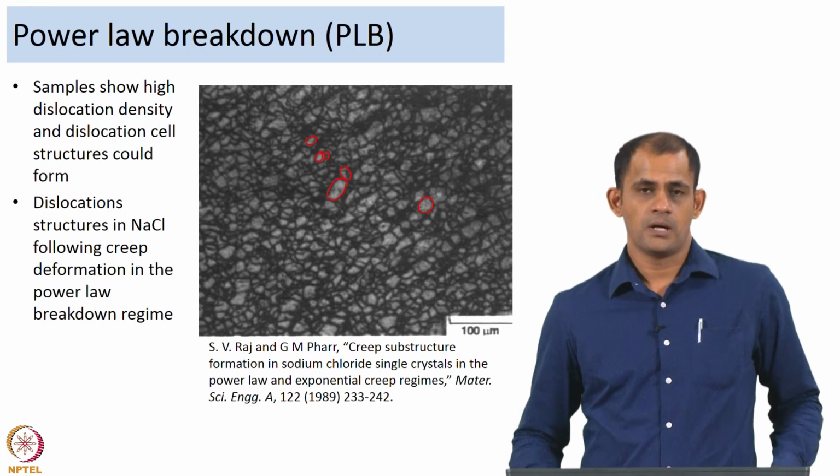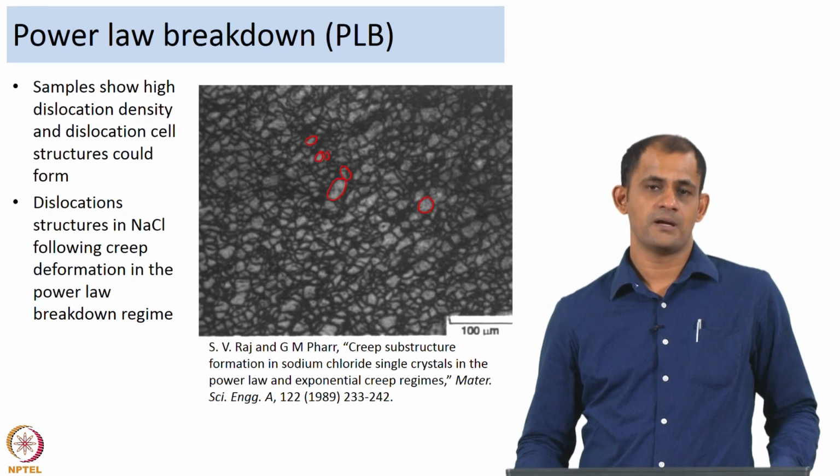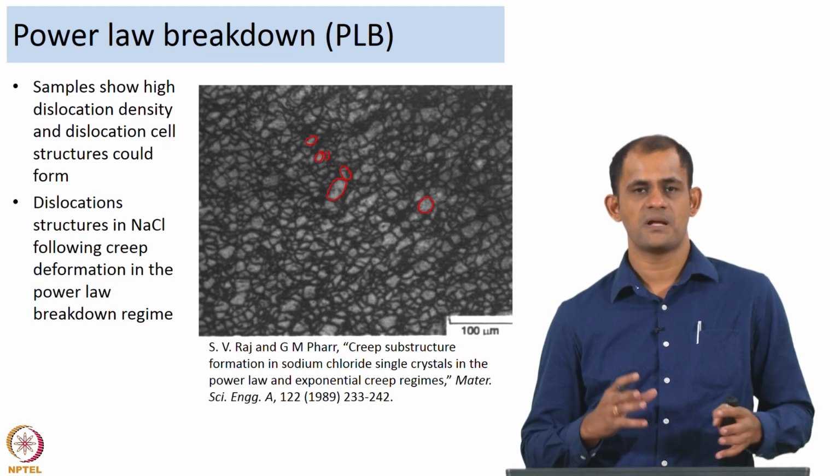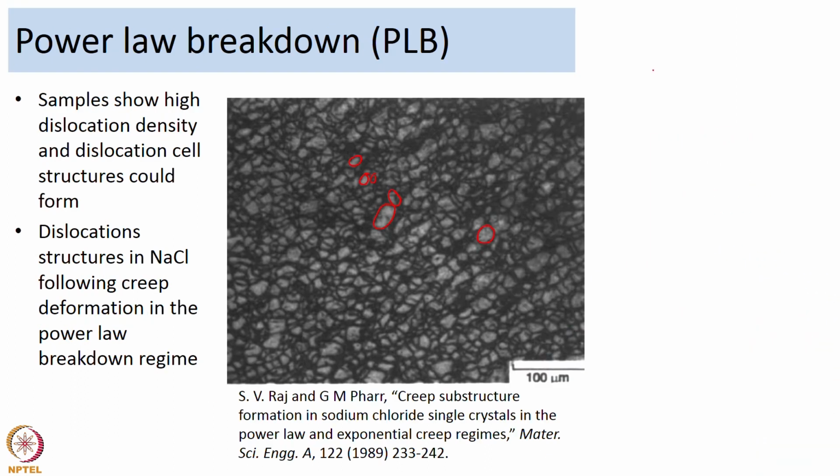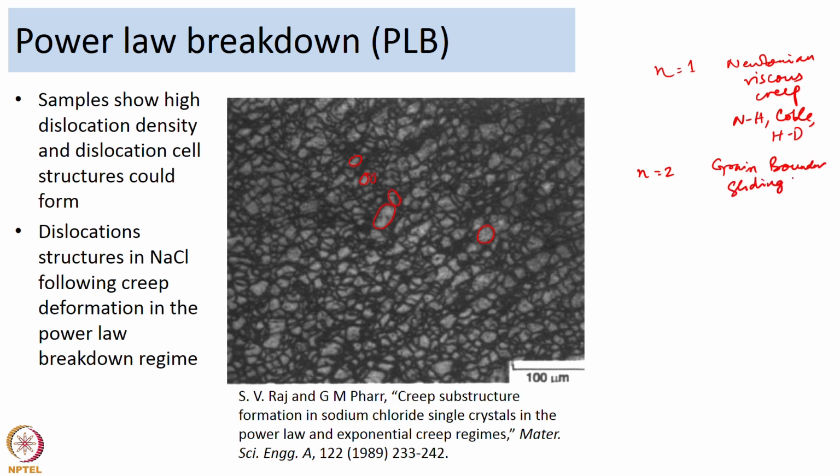Okay, so that brings me to the end of the different types of mechanisms that people have observed during creep of materials. We talked about these various mechanisms. We talked about n is equal to 1 as Newtonian viscous creep mechanisms, under which you had Nabarro-Herring, Coble, and Harper-Dorn. Then we talked about n is equal to 2, which is grain boundary sliding, where the sliding of the grains leads to offsets in fiducial markers.